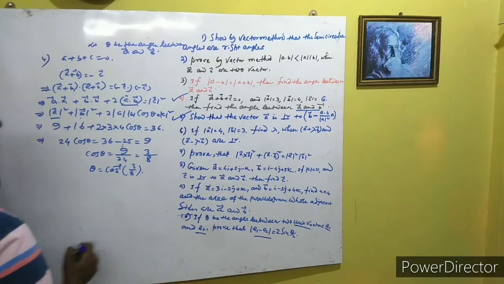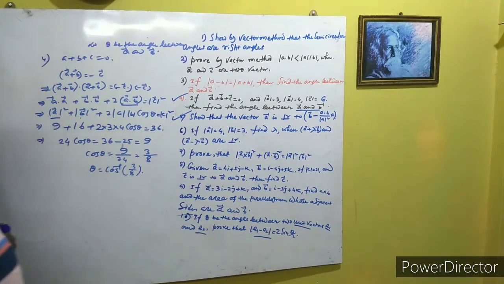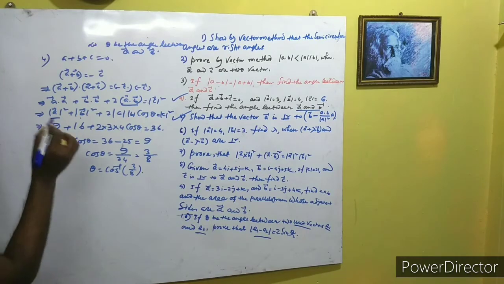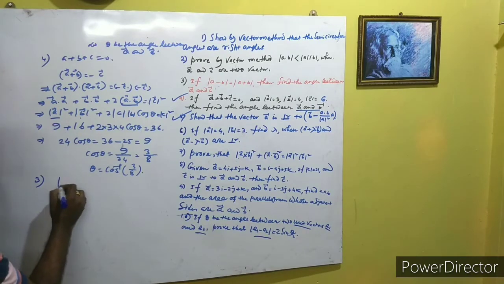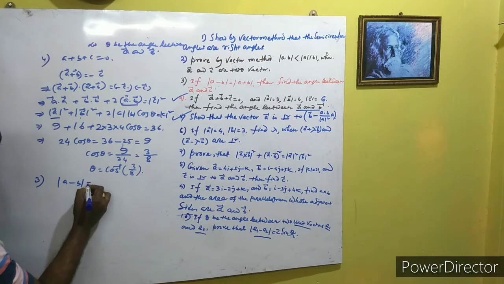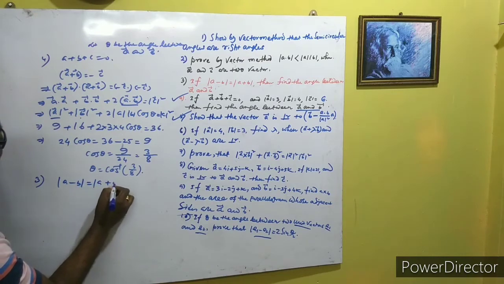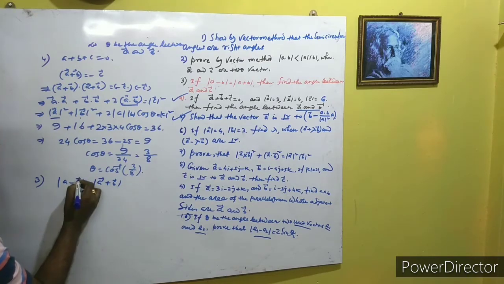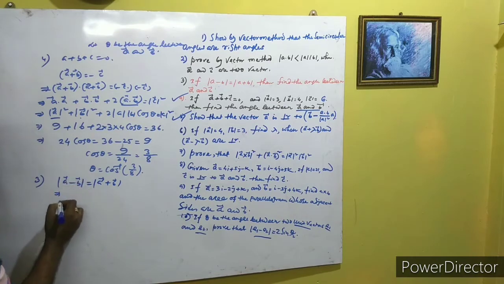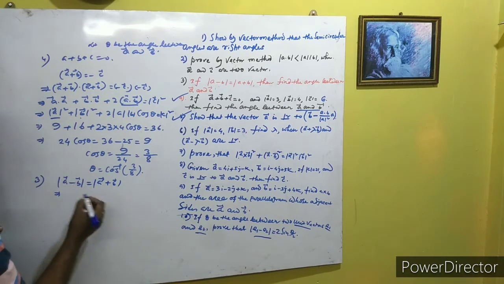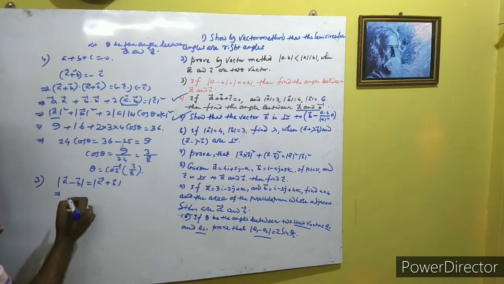Okay, now we have done number 3. You are given the condition mod of A plus B and mod of A minus B are both equal. So we introduce the angle between the same vectors, A dot A, we can write as A square.